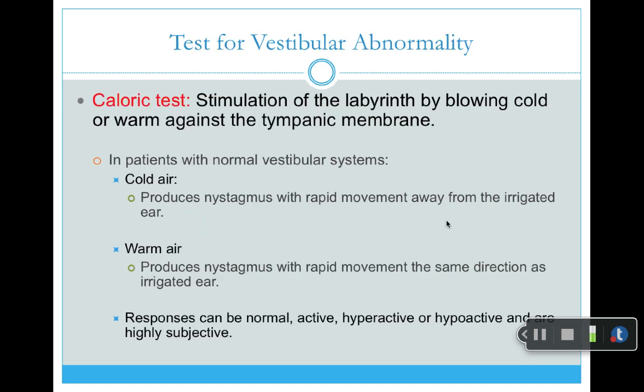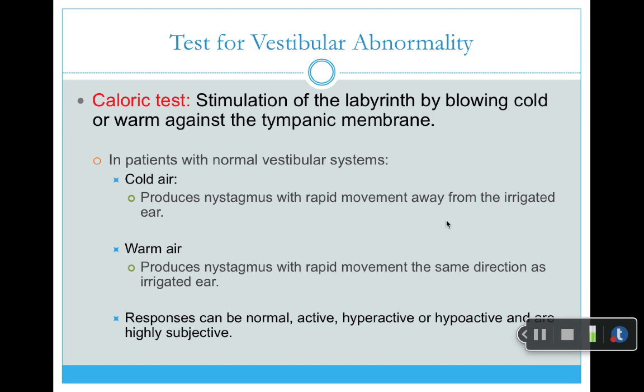There are tests that we do in audiology to judge the health of the cochlear system and the vestibular system. One of them is called the caloric test, where either cold air or warm air is blown into your ear canal. In people with normal vestibular systems, cold air, after a while, is going to produce dizziness. The same thing happens with warm air.